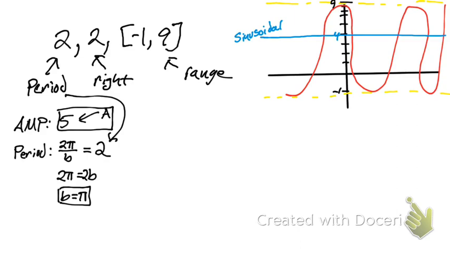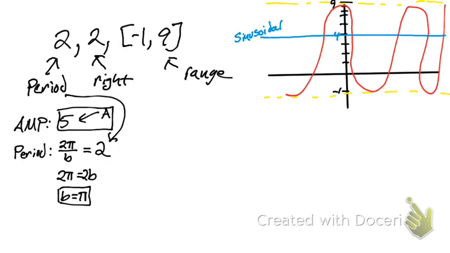If you know the actual period, so our period is 2, you're just going to set 2 pi over B equal to 2, and then you just solve for B. In this case, I multiplied both sides by B, Mary, to get 2 pi equals 2B. Then I divided both sides by 2, and I get B equals pi. So with B, you'll either know the period, or you'll already know your B value. In this case, we knew the period, so we had to find B.